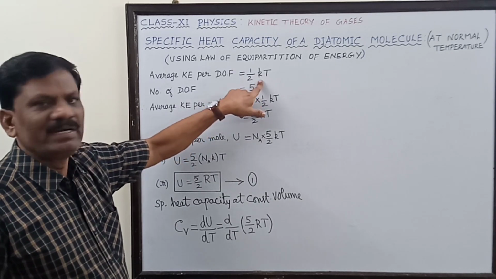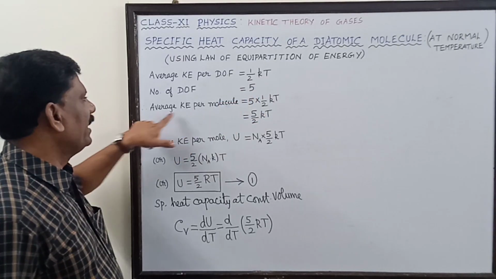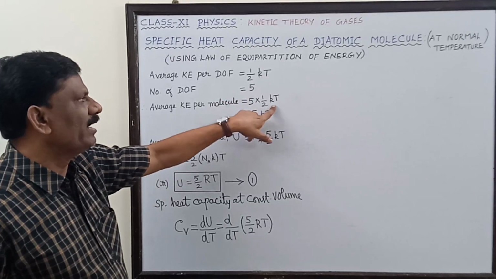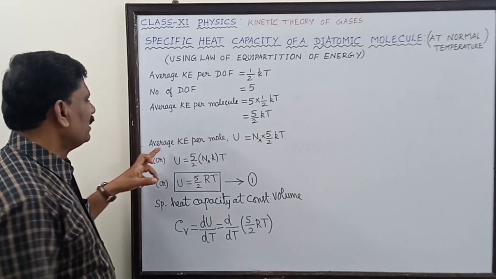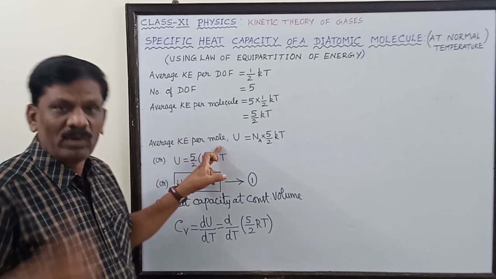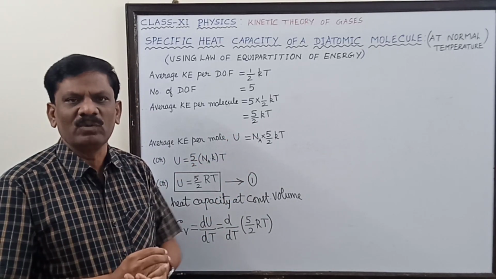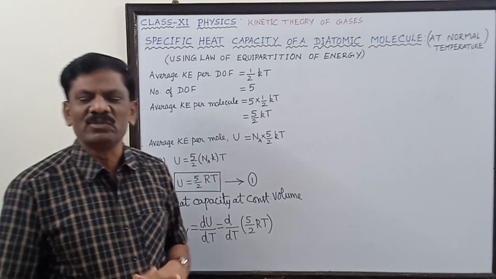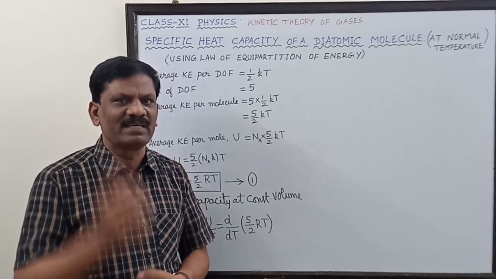For 1 degree of freedom, half kT energy, so for 5 degrees of freedom, what is the average kinetic energy per molecule itself? 5 multiplied by half kT, that is 5 by 2 kT. Then the average kinetic energy for 1 mole: for 1 molecule it is 5 by 2 kT, and if we multiply by the Avogadro number, 6.023 into 10 power 23, we get the average kinetic energy for 1 mole of the gas.